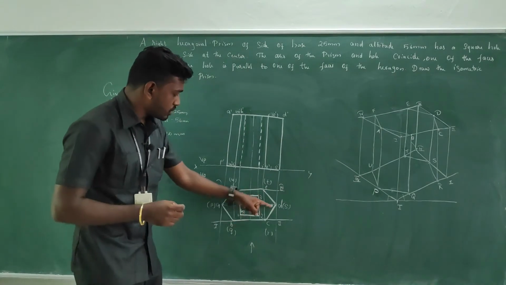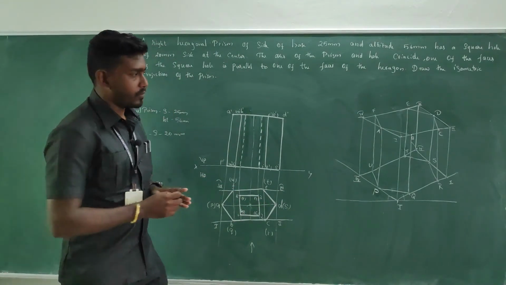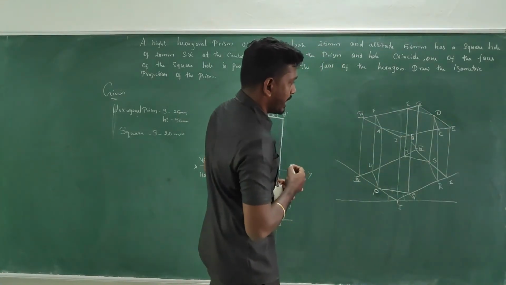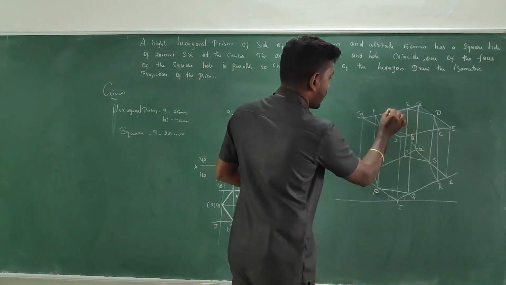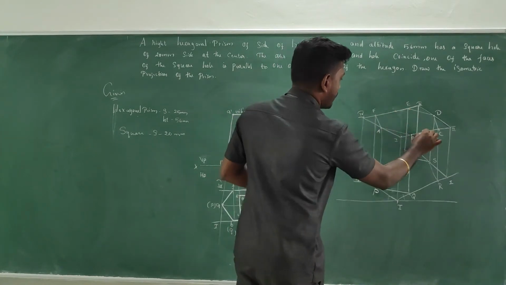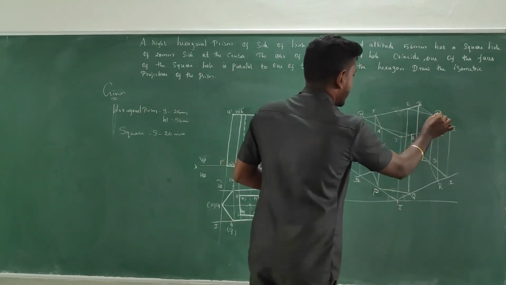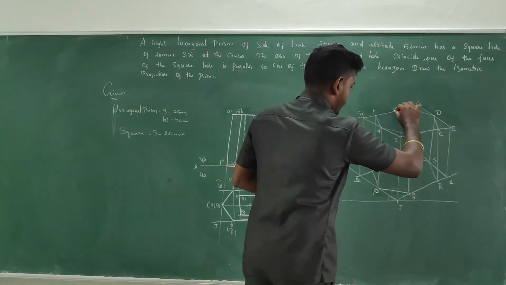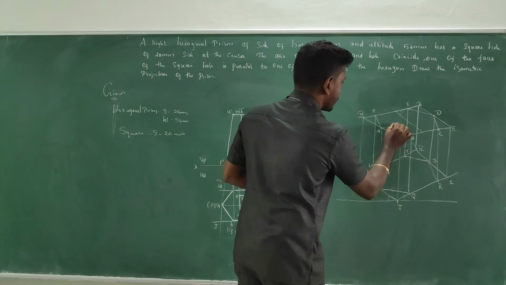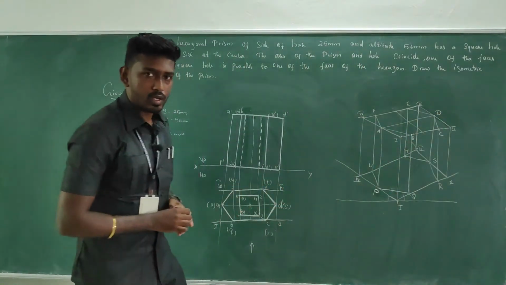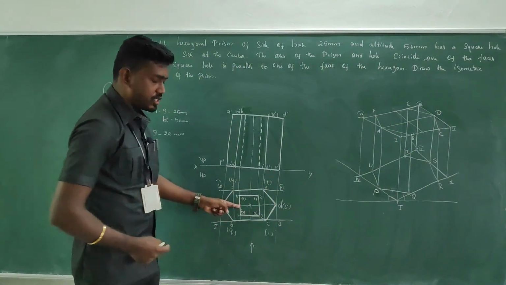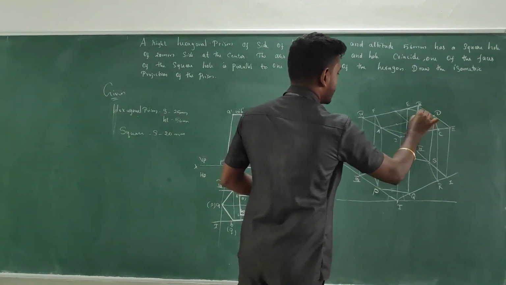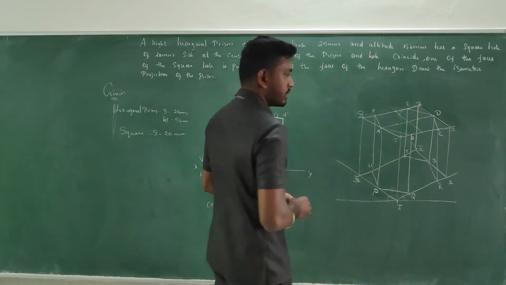That means first of all you need to draw the cross line. Okay, cross line. So in the top base we're going to follow it. In order to get the top cross line, just get the midpoint of each and every side and go for a cross line. So the cross line will be something like this. We know from the center this side is 10 mm. So from the center have a cut, have a cut, have a cut, have a cut.